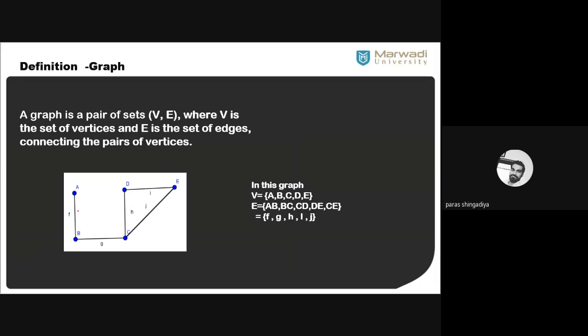The edge names given are F, G, H, I, J, but you can also consider E1, E2, E3, E4, and E5. That is arbitrary notation right now. But when it is already given in the example, we use the notation A, B, C, D, E, so we'll consider this naming.